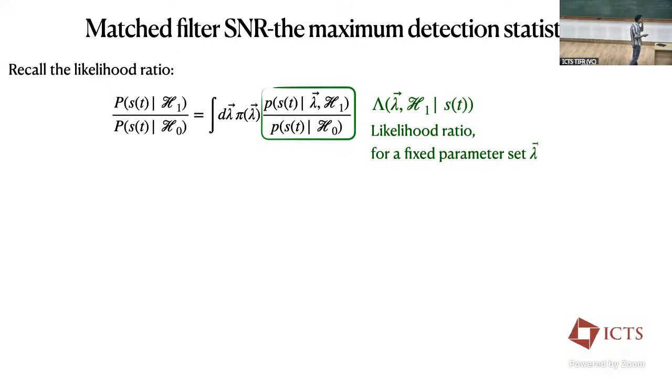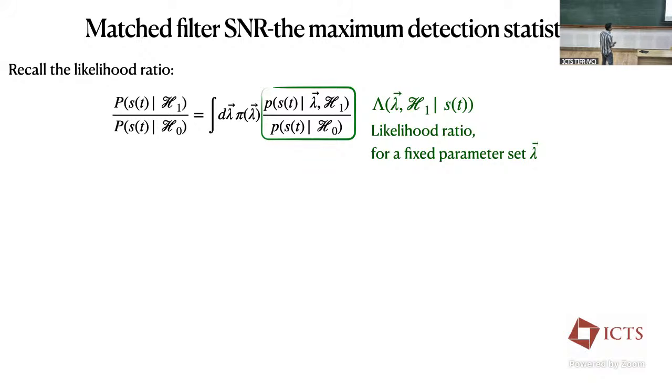In our H1 hypothesis, there are many possible parameters denoted as lambdas, which will be our binary black hole parameter set, with some prior knowledge about those possible parameters: what could be the range of the black hole masses, how they are distributed in distance, and how they are distributed in the sky. Those will all go into the parameter set lambda.